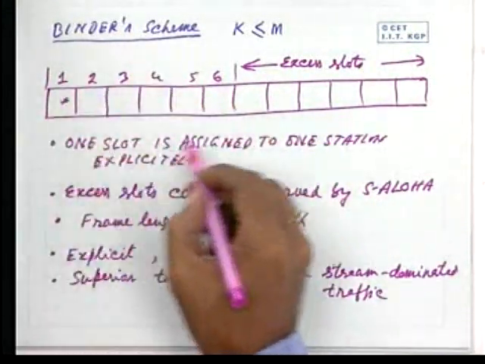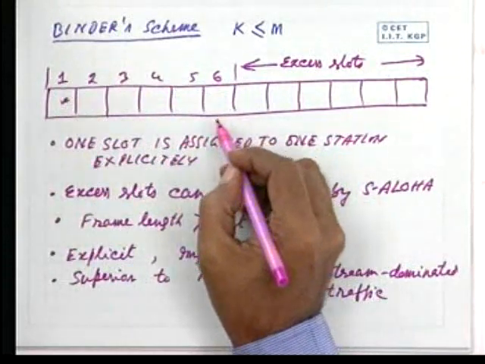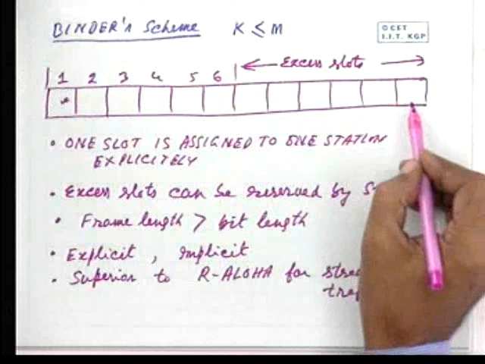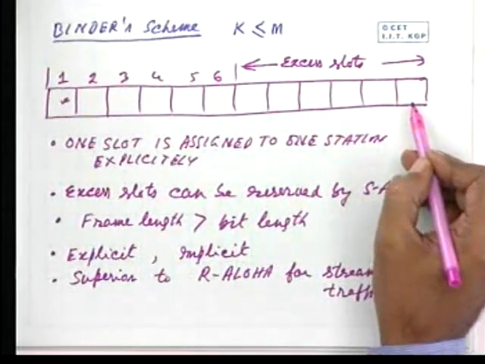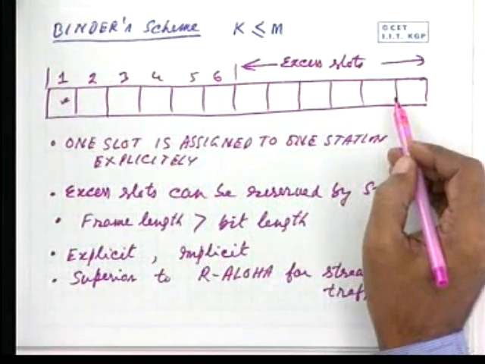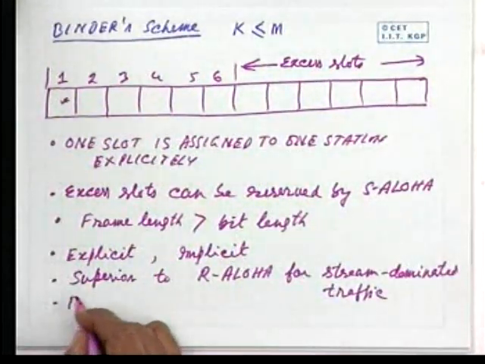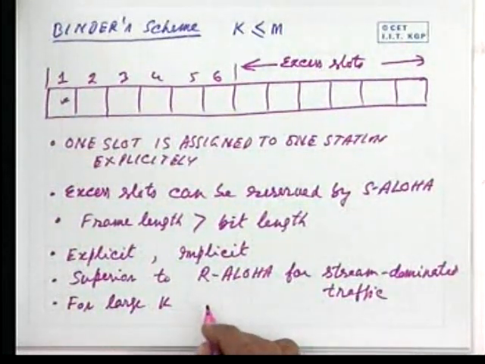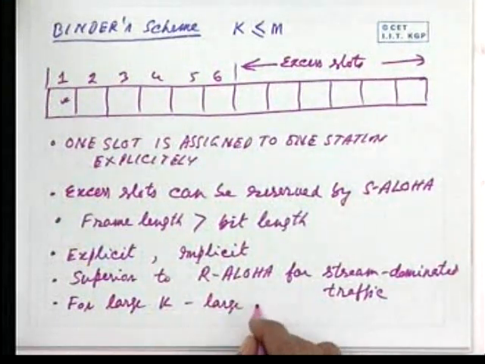So it is making use of this explicit reservation, and then it is also using the implicit reservation in the excess slots whenever there is stream data for some of the stations. However, for large K, there is large average delay.